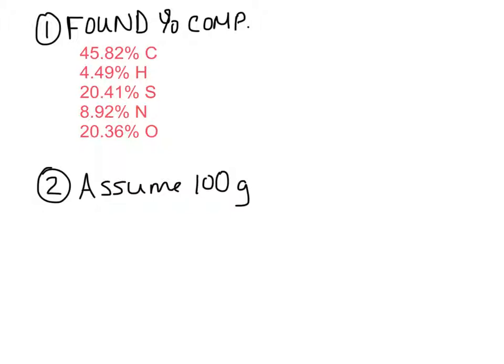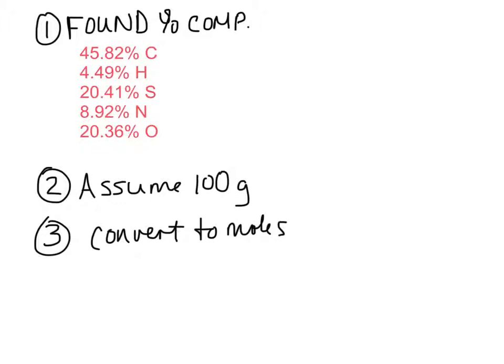That gives us 45.82 grams of carbon, 4.49 grams of hydrogen, etc. Once you do that, step 3, convert to moles. So go from your grams to your moles. And when you do that, you should end up with the following moles.